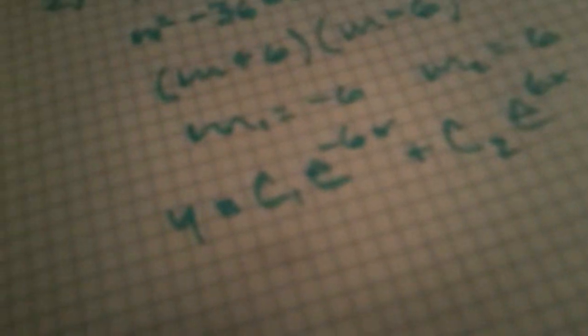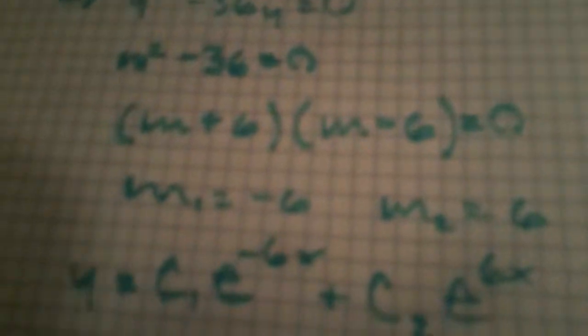So you'll have y equals C1 e to the negative 6x plus C2 e to the 6x. Okay, so this will be your general and final solution for problem 2 from exercise 4.3.